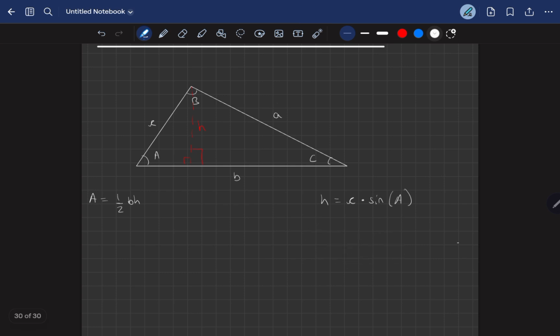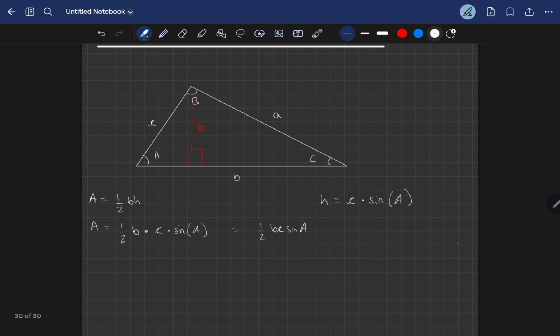Now, I'm going to substitute this into our area formula. So area is equal to half base times c times sine a. Okay? And this is just half bc sine a.